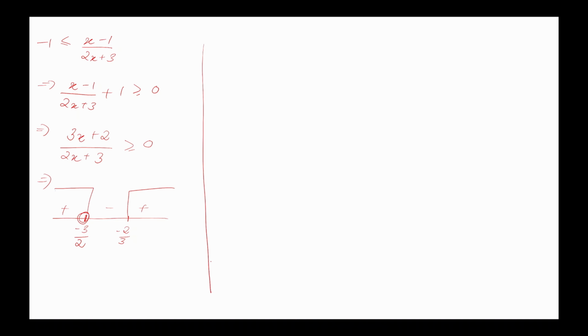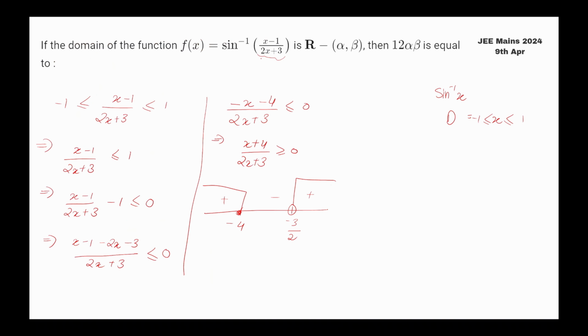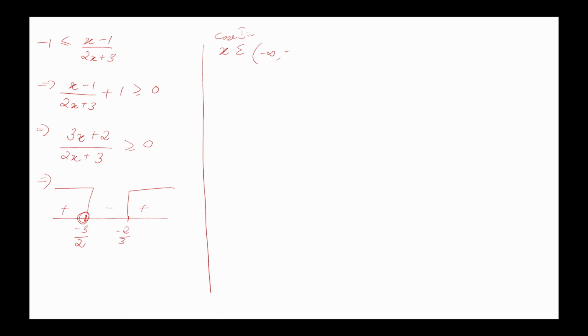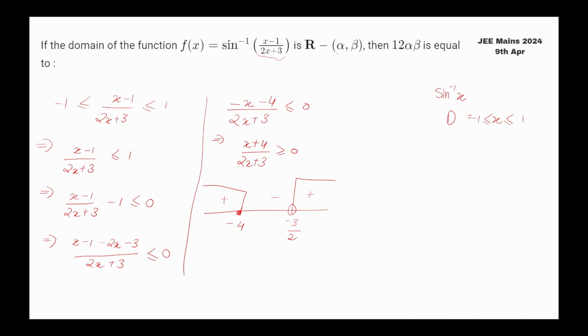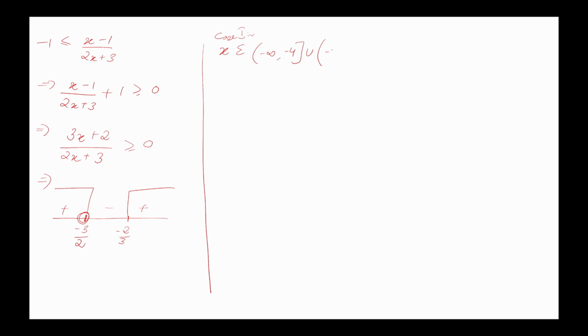So this basically becomes my domain for this portion. So what are the values of x that are possible that I'm getting? From the first case, I'm getting my x belongs from minus infinity to minus 4, union minus 3 by 2 to infinity. And from case 2, my x value would belong from minus infinity to minus 3 by 2, union minus 2 by 3 to infinity.